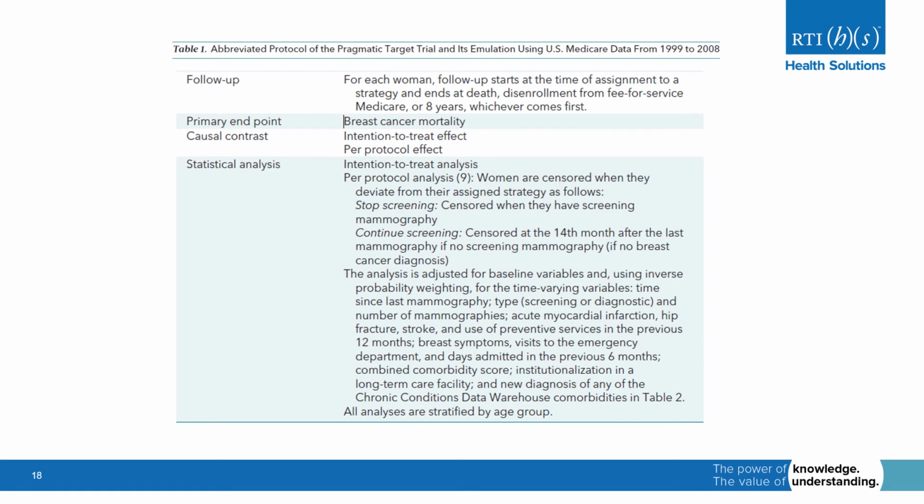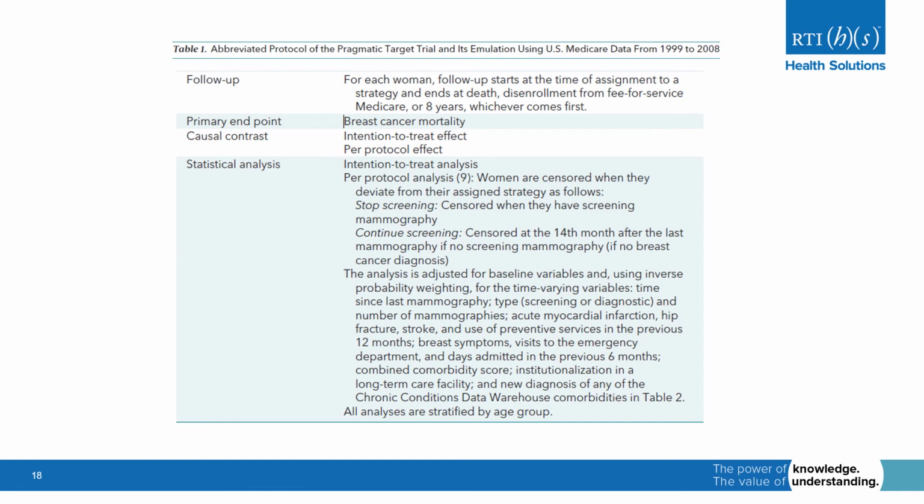For those women that are in the stop screening group, they will be censored if they start receiving screening sometime during the follow-up, because they are deviating from the assigned group. For those in the continuous screening group, they are censored at the 14th month after the last mammogram if they did not receive another mammogram, because mammograms are to be received every year.